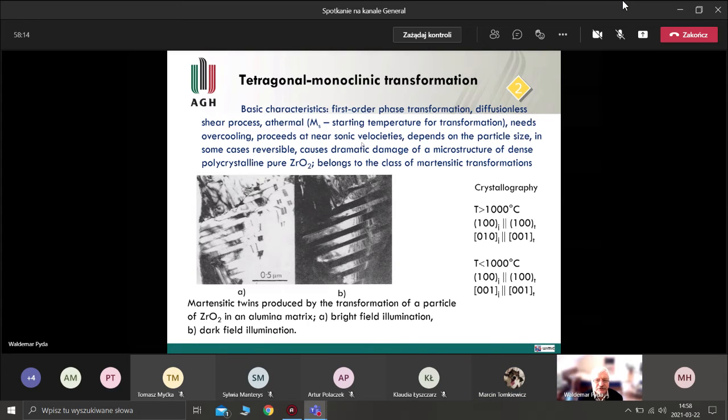There's no diffusion. Could you indicate for us any mechanism of diffusion in solids? The diffusion mechanism in solids. For example, I don't know.